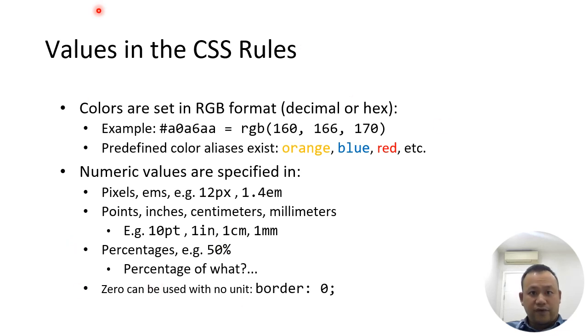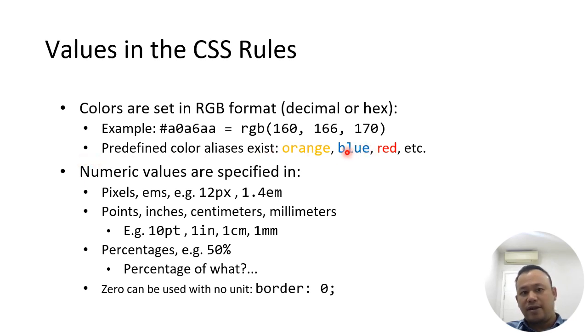Okay, now we review values in the CSS rules. They are colors and numbers. Colors are set in RGB format: red, green, and blue. We have two ways to specify a specific color: decimal and hex. We also have some predefined colors like orange, blue, and red.